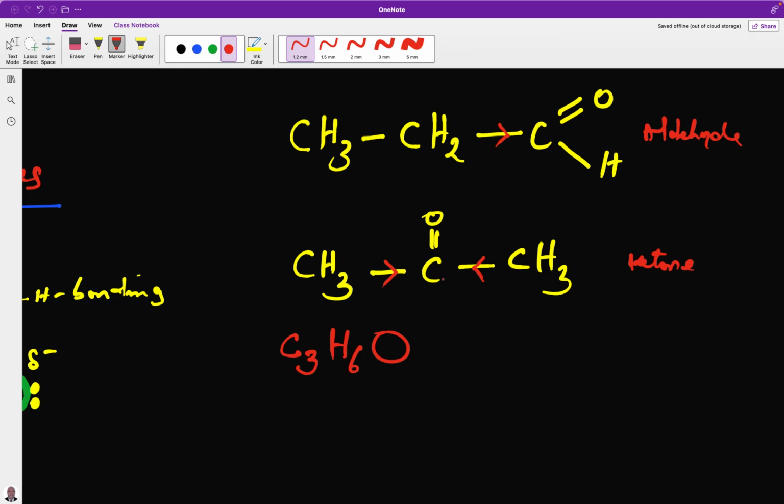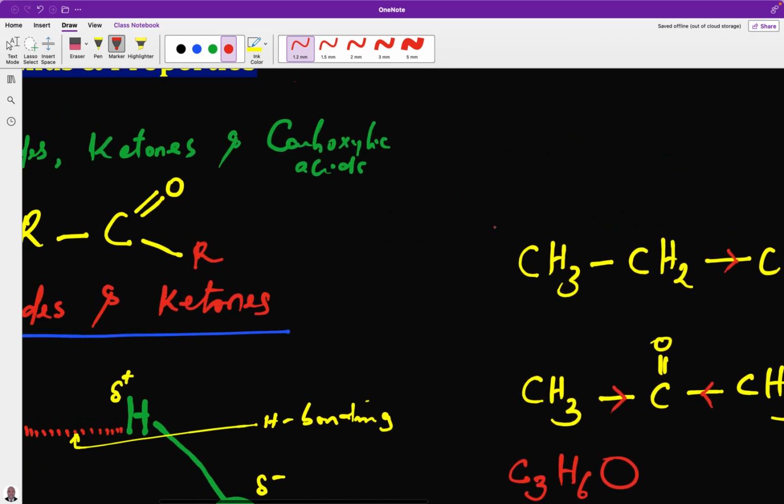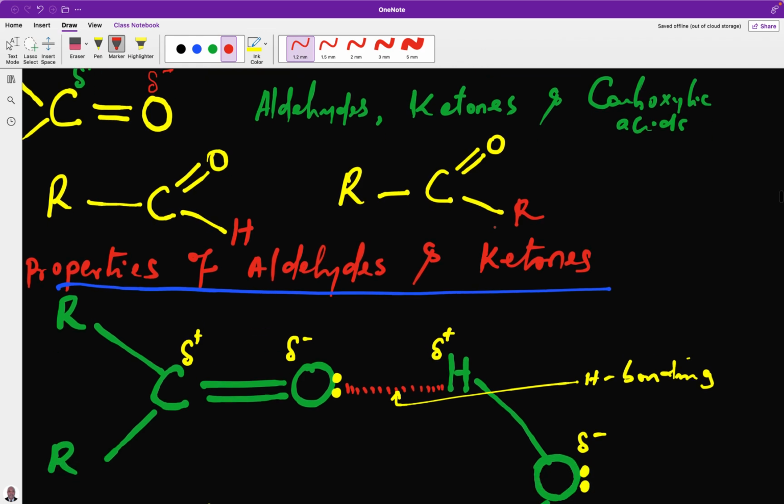For that reason, the ketones have higher intermolecular forces than the aldehyde. And finally, for that reason, they have higher melting point and boiling point than the aldehyde of similar molecular mass. You will see that electron donating effect has a very big role to play in the property of aldehydes and ketones.